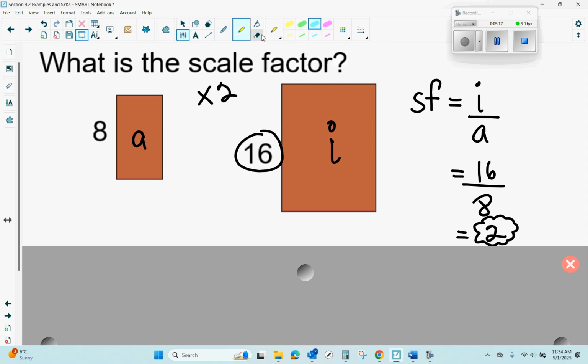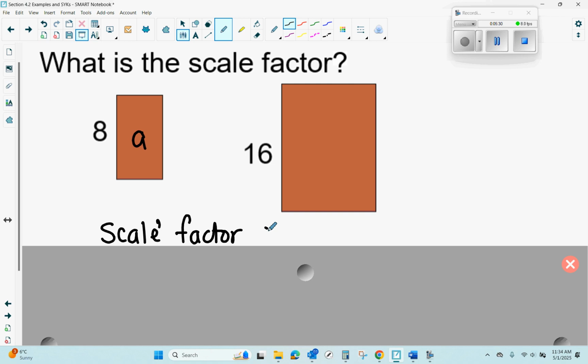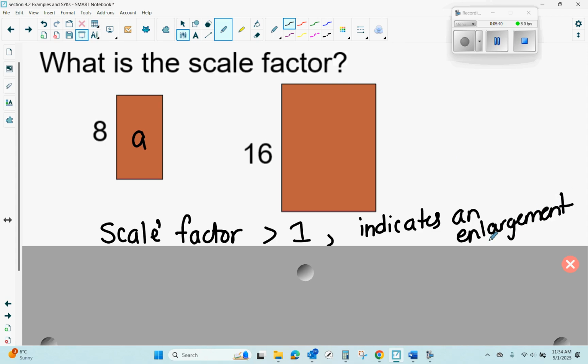Okay, last week we talked about if you have an enlargement, the scale factor greater than 1 indicates an enlargement. So the answer we just got there was 2. Okay, that is correct because it is an enlargement we have.